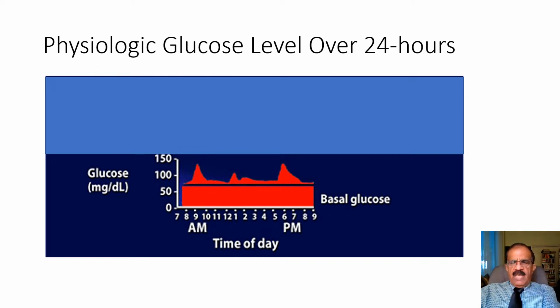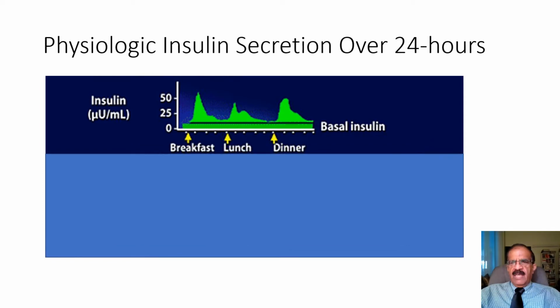Now, what about insulin? How does insulin behave physiologically? In the same pattern, there is a certain amount of insulin which is there all the time, and then we need additional insulin boluses, which are actually produced by the beta cells.